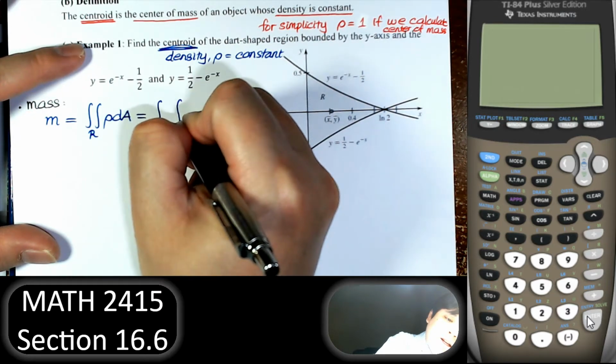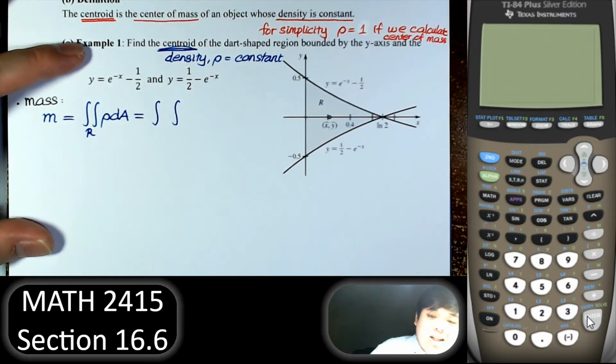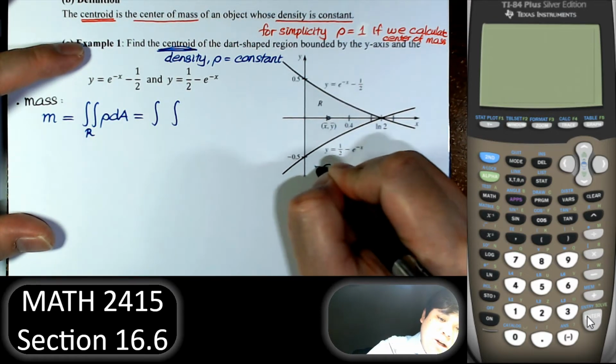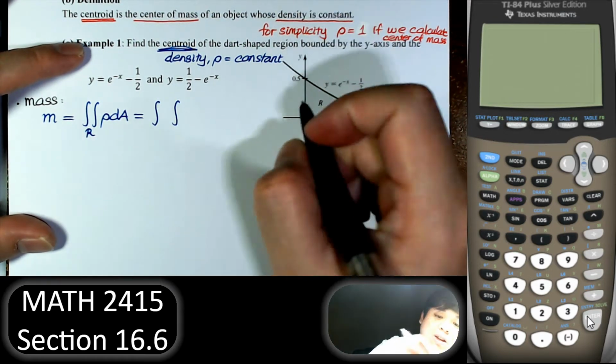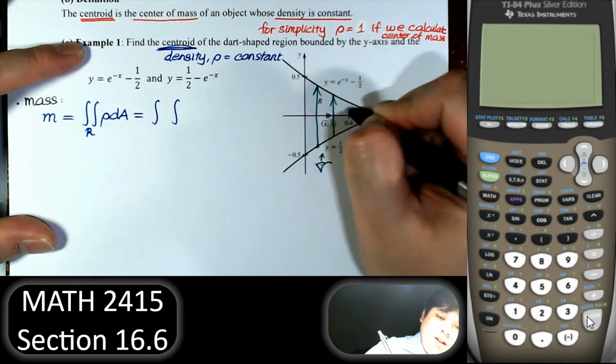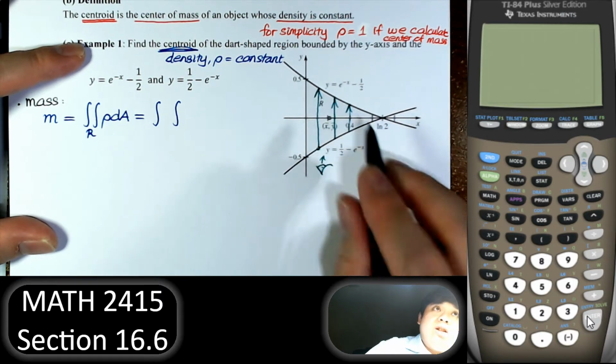Now, obviously, when we set up the limit, the easy way is to set up dy in the middle and then dx. If we look in that direction, we see this function first, and then the other function: bottom function, top function.